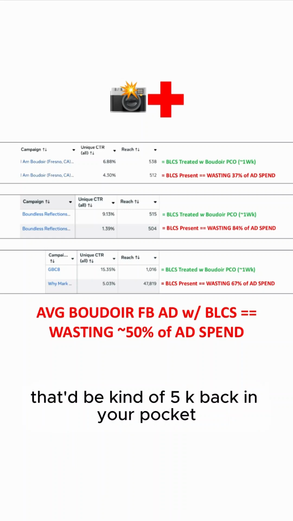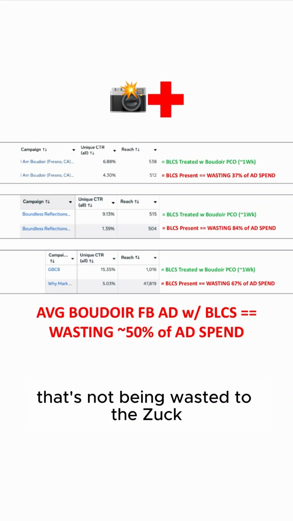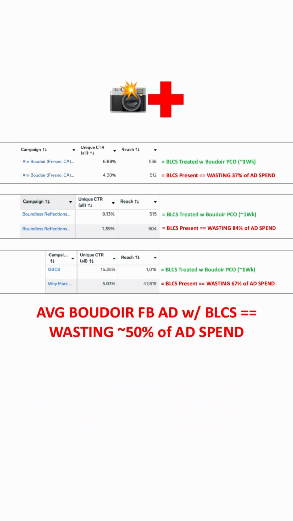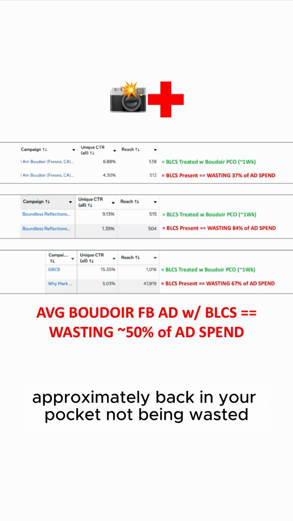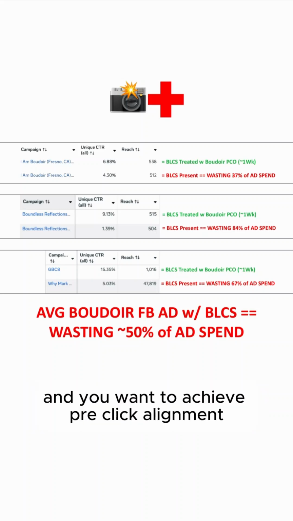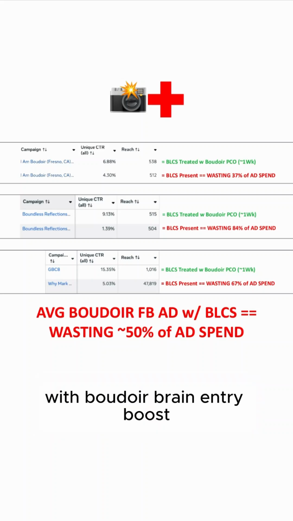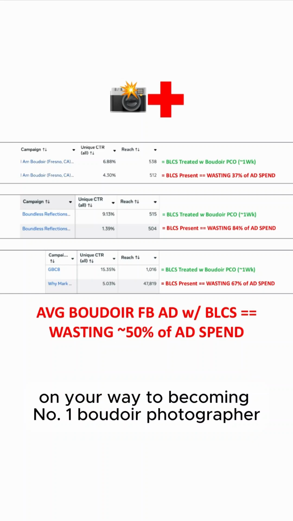That'd be 5K back in your pocket that's not being wasted to the Zuck, giving you about 60K over the next 12 months approximately, back in your pocket, not being wasted. And you want to achieve pre-click alignment so that you can become a dominant boudoir advertiser with Boudoir Brain Entry Boost on your way to becoming number one boudoir photographer in your city.